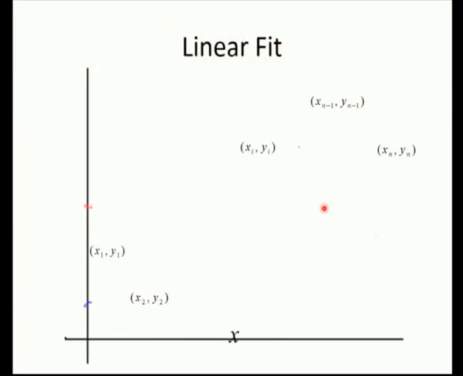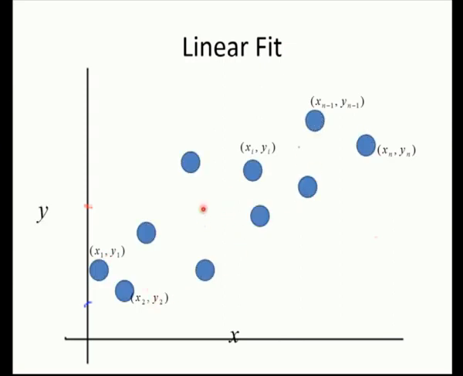Assume that these are the points x1, y1, x2, y2. Likewise, you have n pairs of points scattered on the xy plane. This is the first point x1, y1, and this is x2, y2, and in general xi, yi, and xn minus 1, yn minus 1, xn, yn.